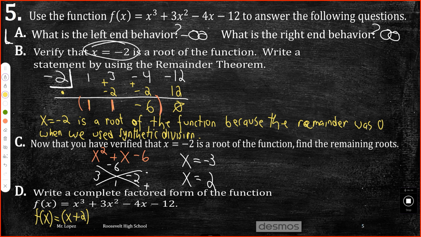So how do I write the factor for this number? You can just move it over: x plus 3. And then x minus 2, moving it over back. So it has a double root actually? No, it doesn't. So it's x plus 2, x plus 3, and x minus 2.